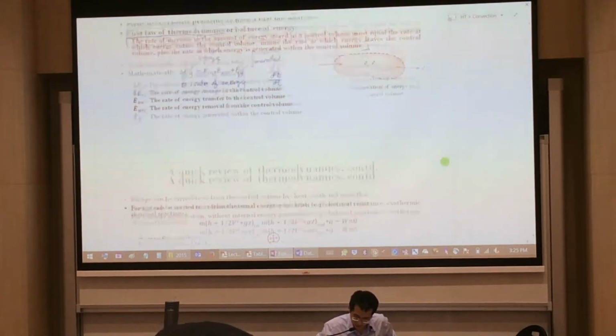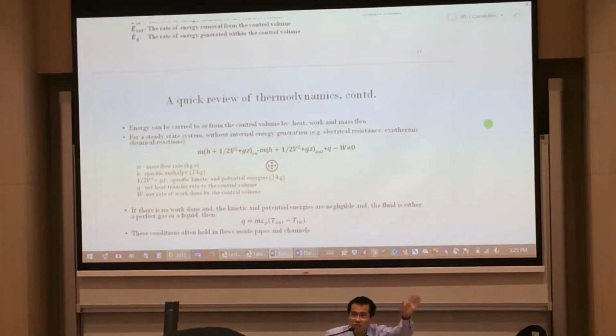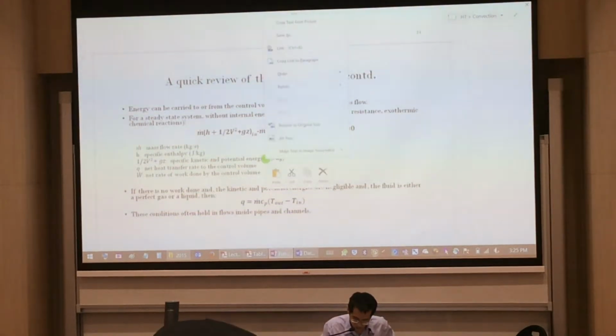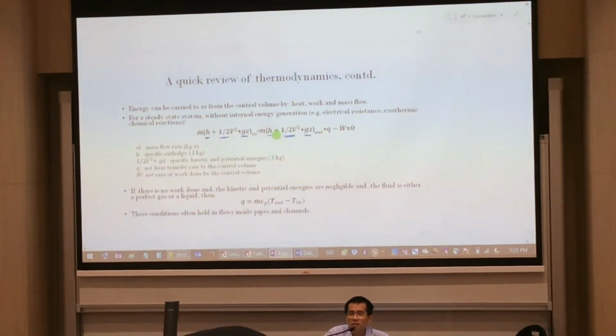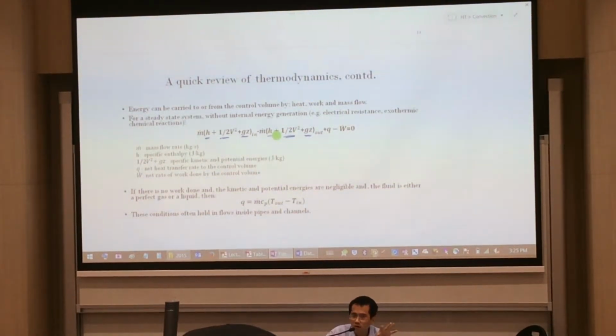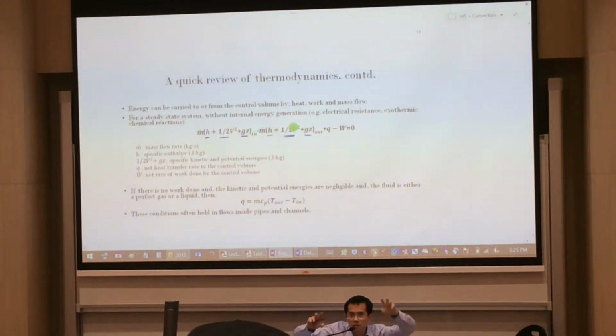And the next slide is even more far-fetched. It talks a lot more about symbols that you've never seen before. Like this, that. But I just want to briefly talk about it. What it means is that if you consider gravitational potential difference, there will be kinetic energy, potential energy.